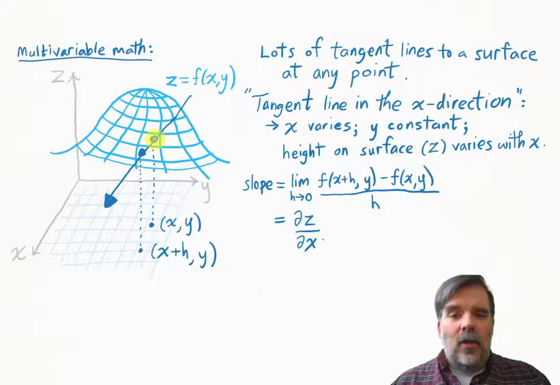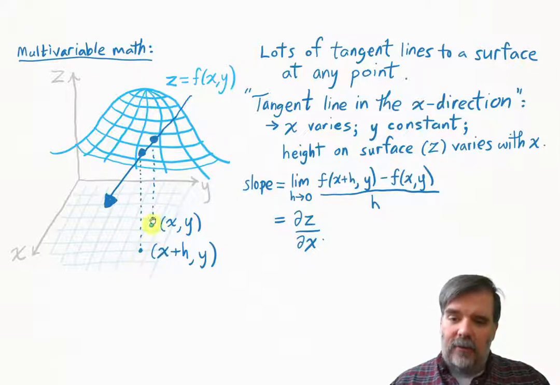In other words, we want the x-coordinate to vary and the y-coordinate to stay constant. Now, as the x-coordinate varies, as we move along this direction in the xy plane, the height on the surface will vary as well. So the slope will be the change in the height as x is changing.